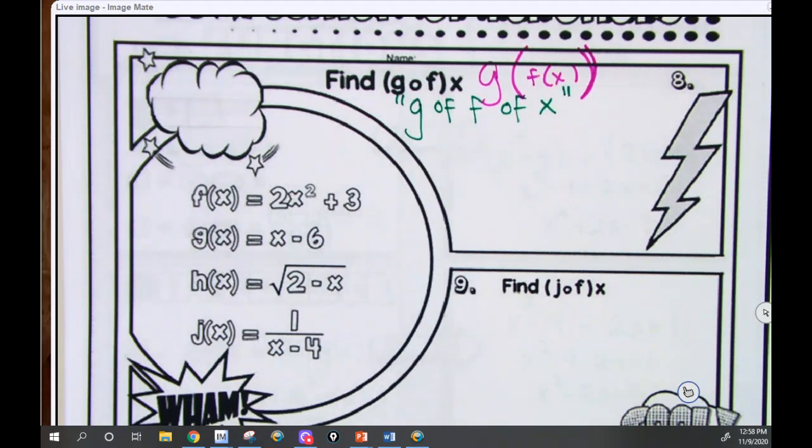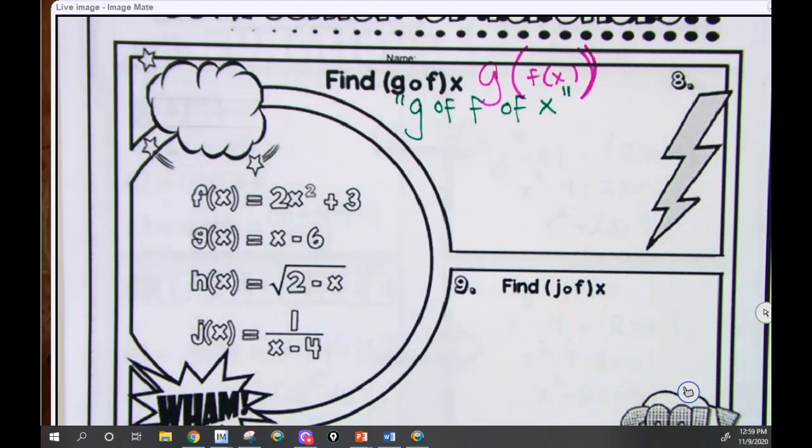You said I'm going to take 3 and I'll plug it in for x. What do I have there this time? I have f of x. So written in this notation, g of f of x, is it obvious what we're going to substitute in for g? Kind of. We're going to substitute in the whole function f into g.